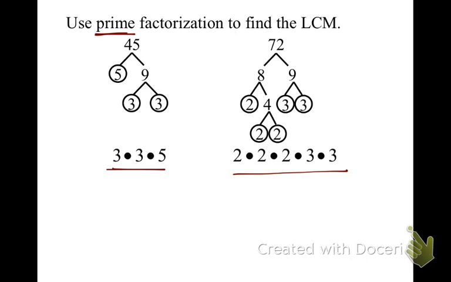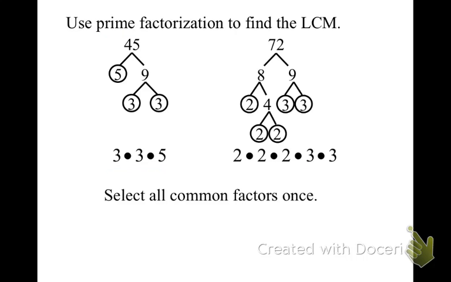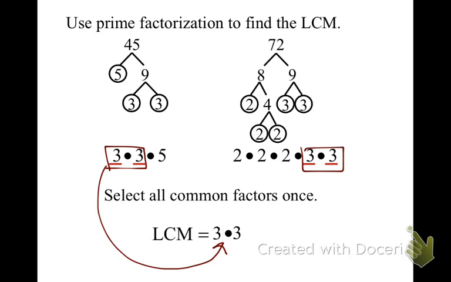Then what's your next step? Your next step is to select all the common factors. So what do I have in common? I have my 3's. So my least common multiple of 3 times 3 comes from there. So make sure you're noticing, hey, these 3's come over here, these 3's, same came over here. These are what I have in common. But now I also have these leftovers.